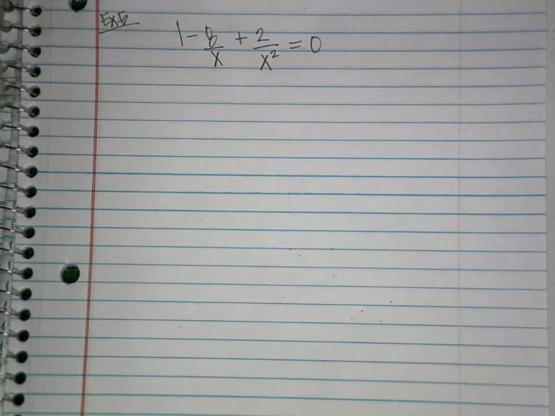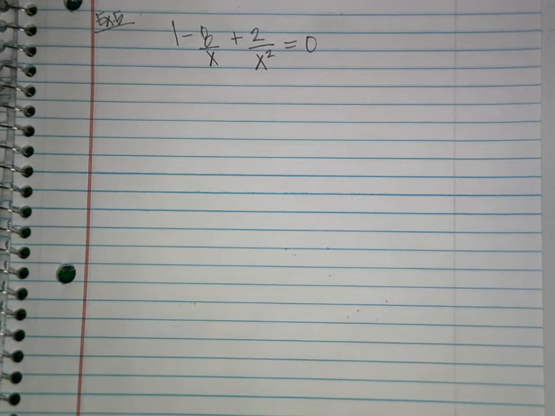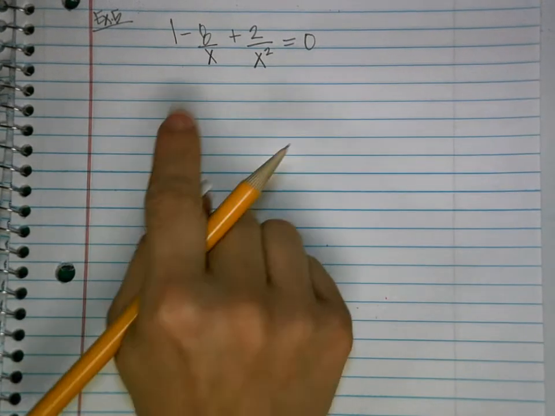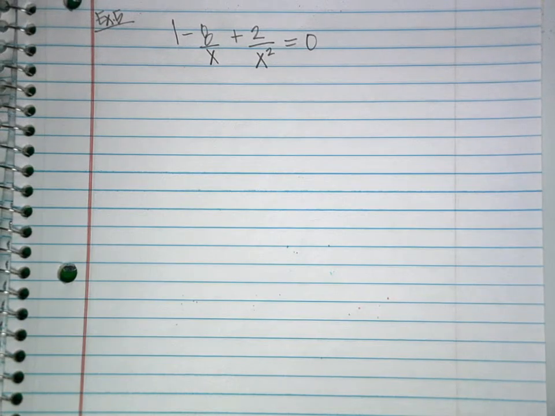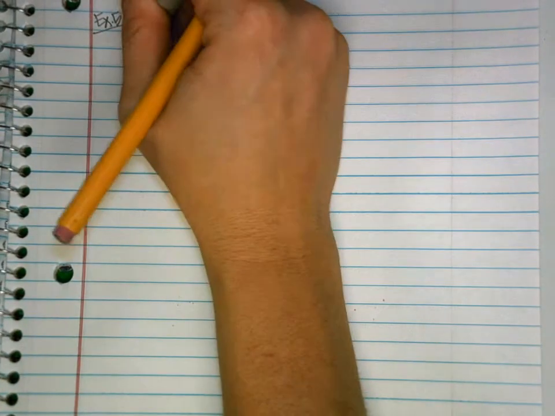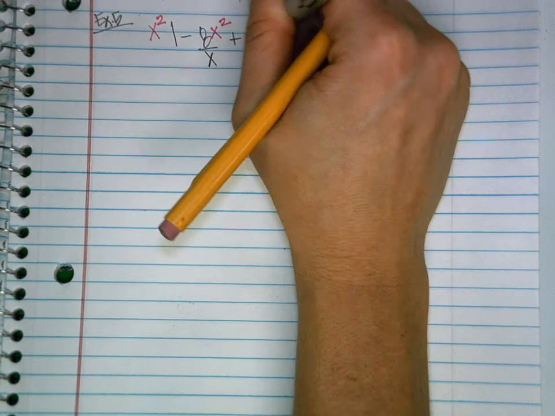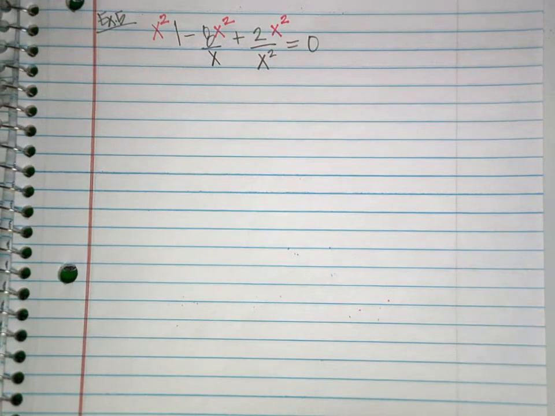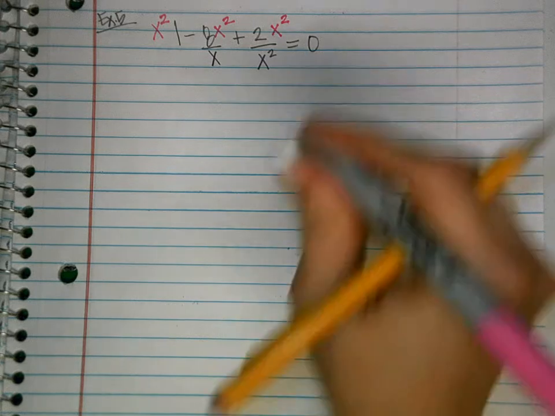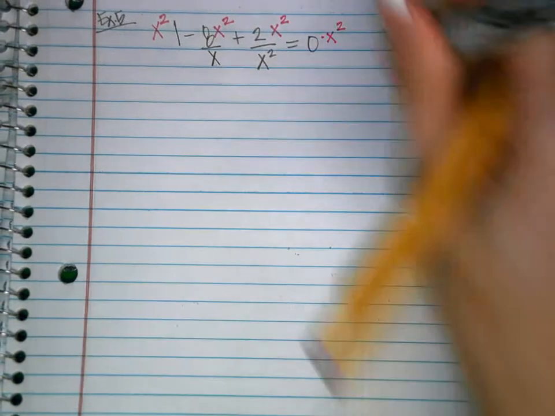This one's a little bit nicer because it doesn't have any binomials, it just has monomials. So what would you have to multiply through by to eliminate all of the denominators? X squared. Remember to multiply by every single part of this equation, including that first number that does not have a denominator. Technically, we'll multiply this side as well.